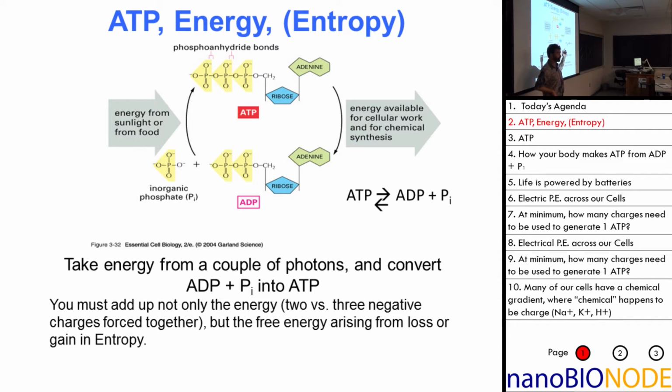Now the phosphates in general are negatively charged, so you have 3 oxygen molecules that are negatively charged jammed in there, and that in general takes a lot of energy. So when it has the 3 phosphates, that is, it's ATP, it's full of electrostatic energy.